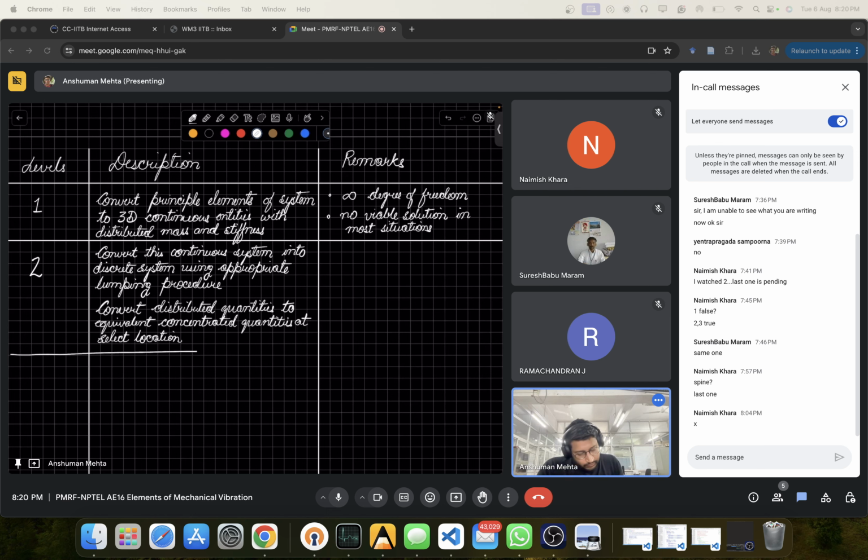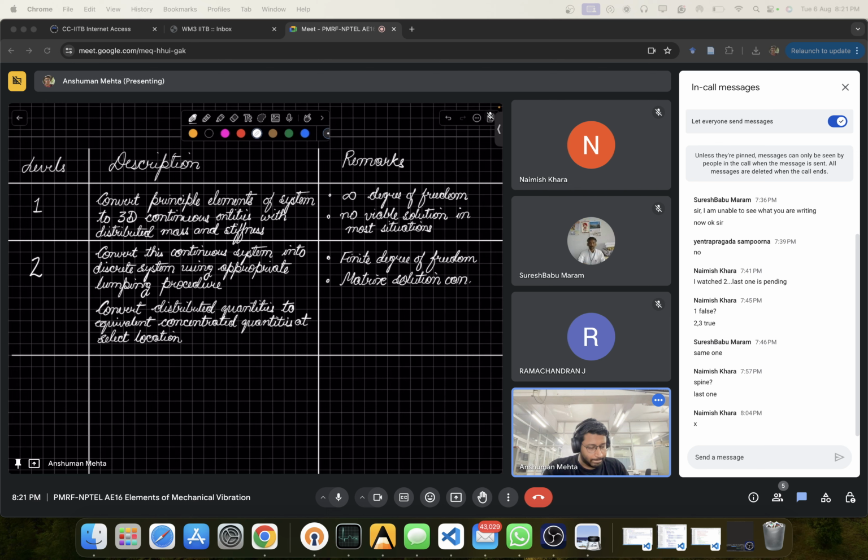Now the remark is that instead of infinite degrees of freedom, now we have finite degrees of freedom. And matrix solution can be obtained, but it will be very expensive.